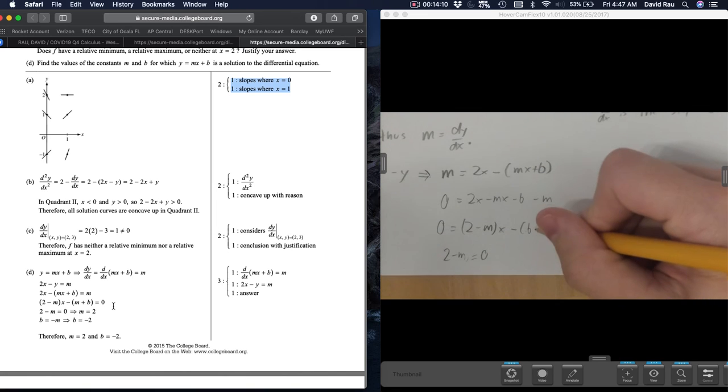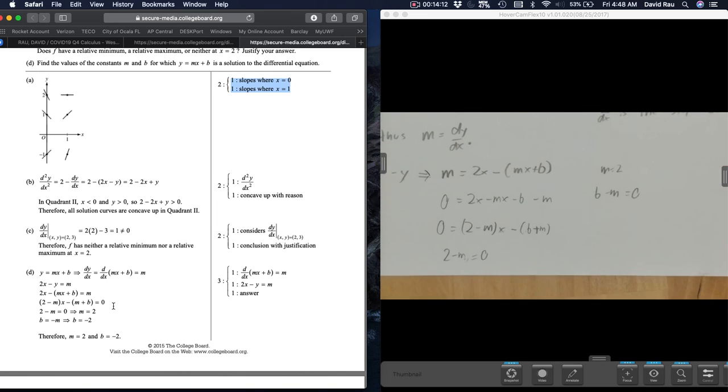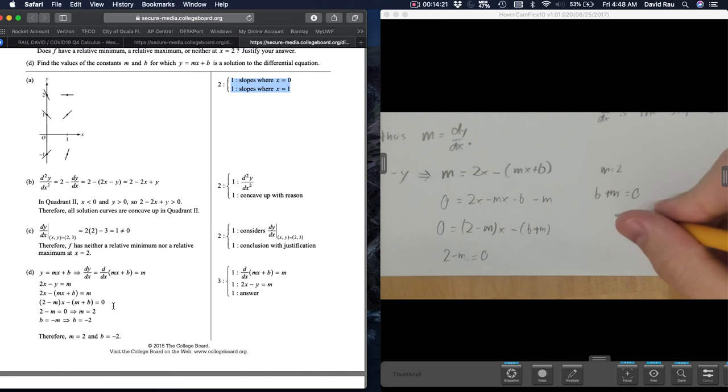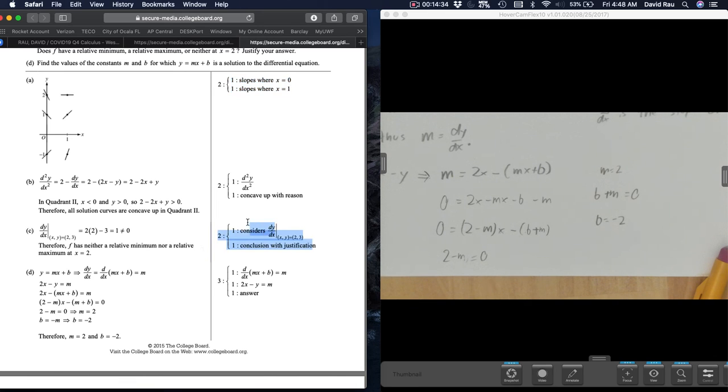Oh, that's why when I factored out the negative, I knew something was silly. That's embarrassing. Okay, anyways, so then you end up with b is equal to negative m, so b must be negative 2 since you know m. Okay, so again, wild question, wild ride. Sorry I made that silly mistake, but I definitely felt confident on this one.